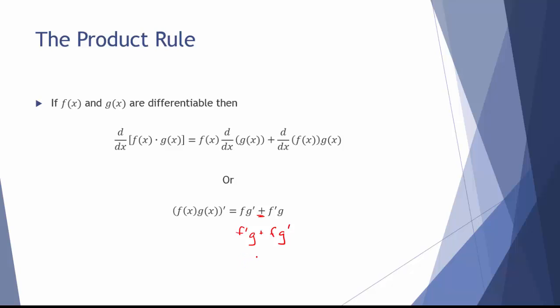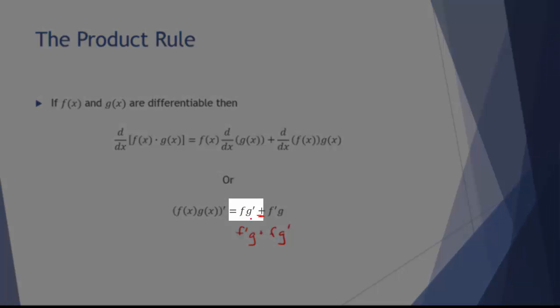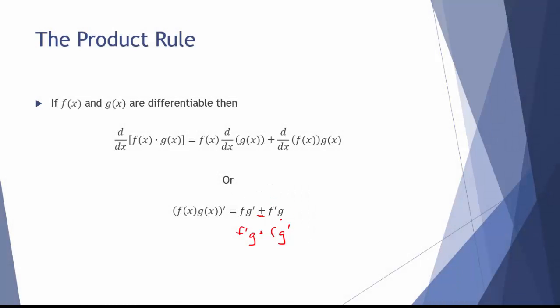But when you're looking to take the derivative of the product of two functions, what this will boil down to is you will have two terms being added together. In the first term, you need one of the functions times the derivative of the other one. And in the second term, you change which original function appears and put in the derivative of the other. Order is a little interchangeable here.